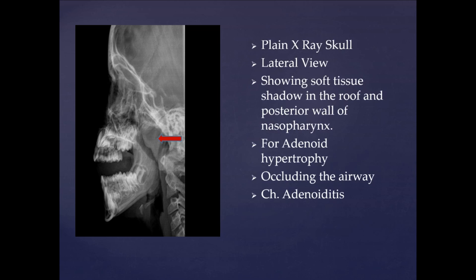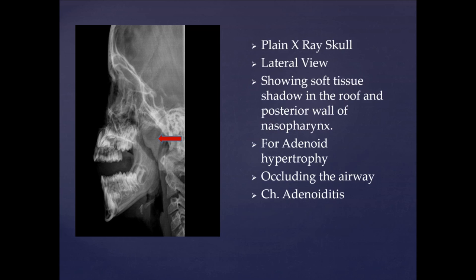Treatment for this adenoid hypertrophy, if it is causing severe symptoms, is surgical. For mild to moderate hypertrophy with mild symptoms during upper respiratory tract infection, you should try antihistamines and decongestants to relieve the nose block.